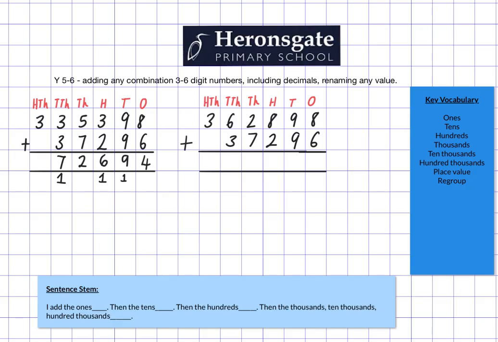And then no regrouping is required. We have 3 100,000s, add nothing, so we keep it as 300,000. So this gives us the answer of 372,694.